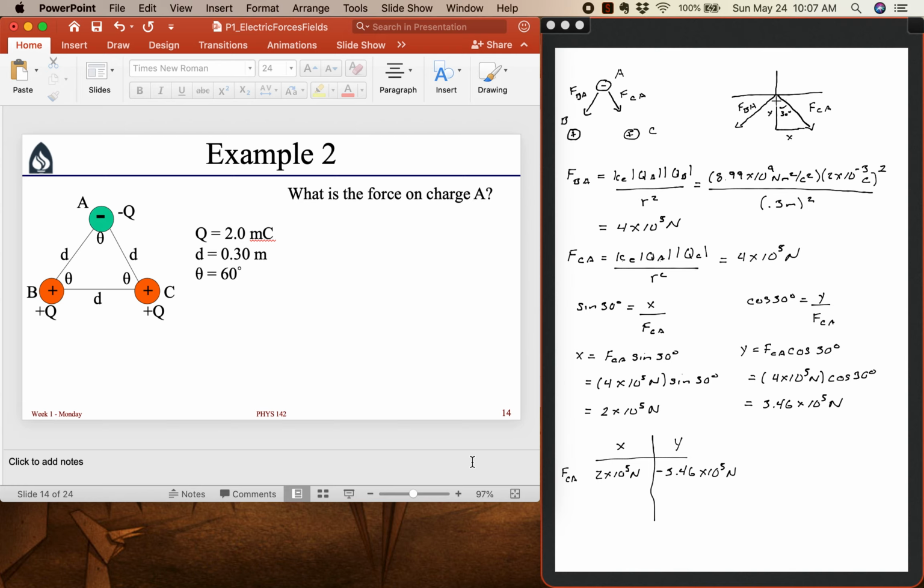All right, so now let's think about the force vector FBA. So FBA, if I draw a line over here, this would be the x component and this would be the y component. But if I look at this vector carefully, this angle here is 30 degrees. And the length of this vector we showed was the same as BA.